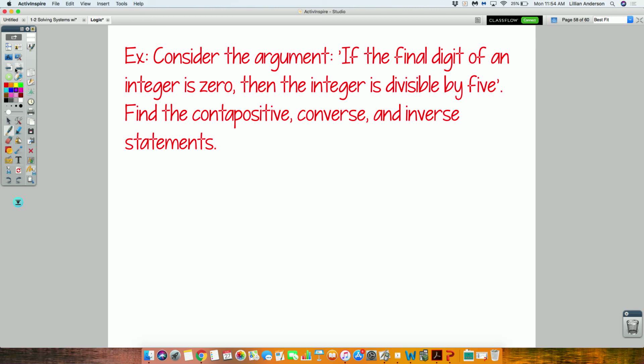If the integer is not divisible by 5, then the final digit of an integer is not 0. Very good. You guys have a strong handle on this, yes?